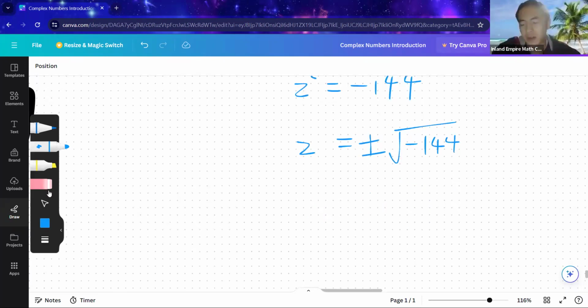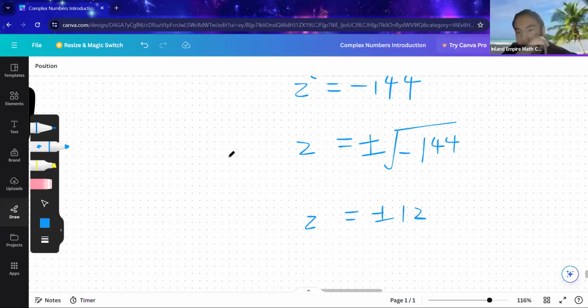Now, if the inside were just 144, and there was no negative sign, then the answer would just be 12. z would be equal to plus or minus 12. But the problem is, in this case, there is a negative sign.